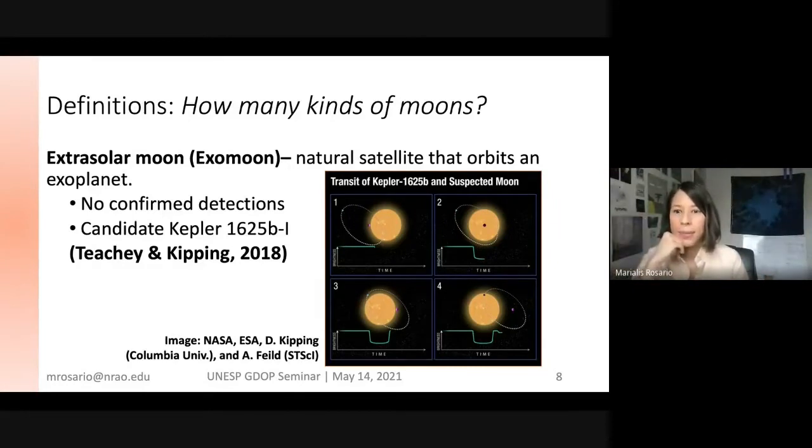It needs to be confirmed over and over. These were further studied a year after it was presented as a candidate. Not confirmed, but it went through a rigorous process to be presented as a candidate. By that, I mean not only Kepler data, but also follow-up observations with Hubble were necessary in order to put this system forward as a candidate.